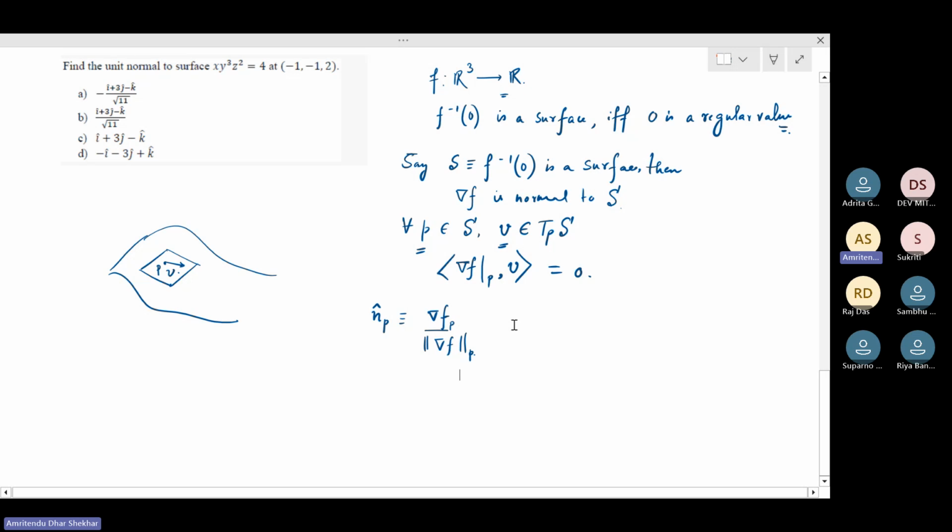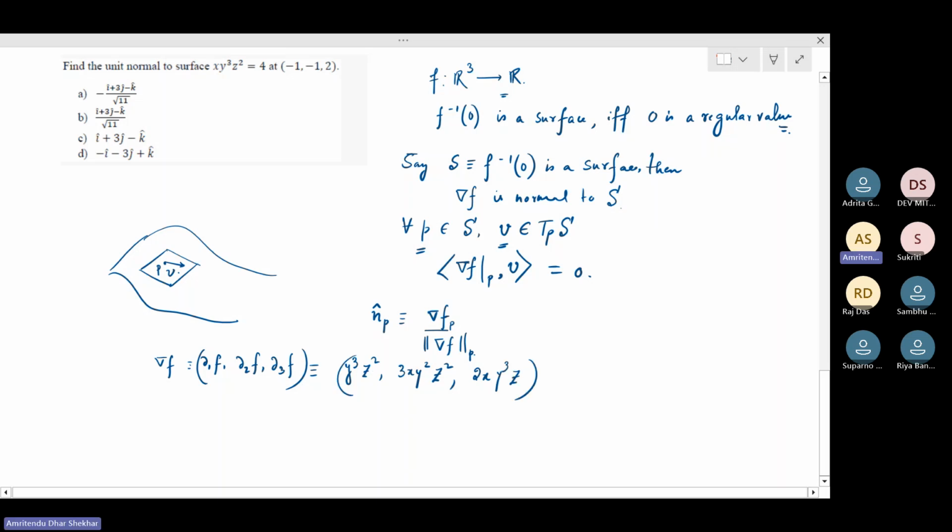So essentially, what is grad of f? So grad of f is equal to del 1 f, del 2 f, and del 3 f. What is that equal to? So del 1 f is equal to y cube z squared. Del 2 f is equal to 3x y squared z squared, and del 3 f is equal to 2x y cube z. Okay.